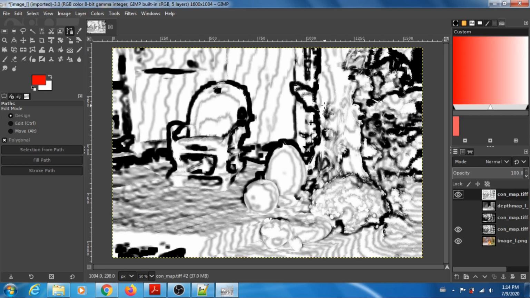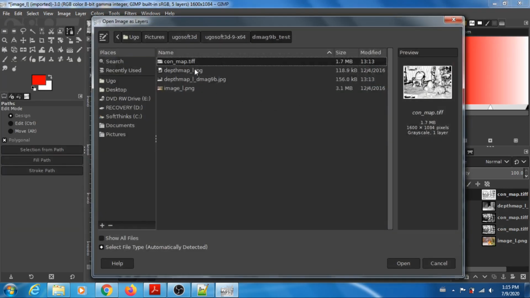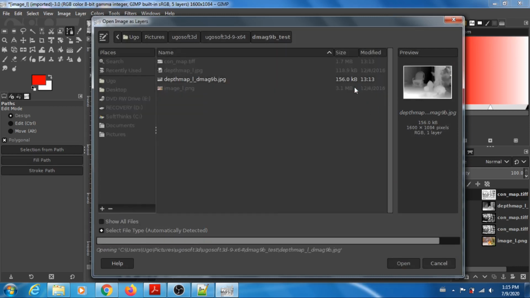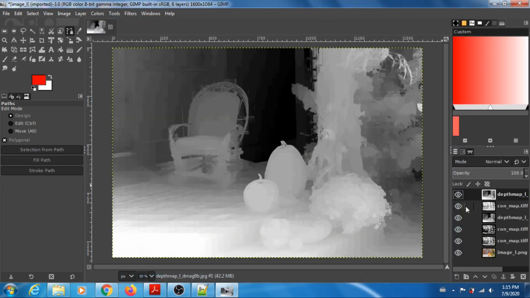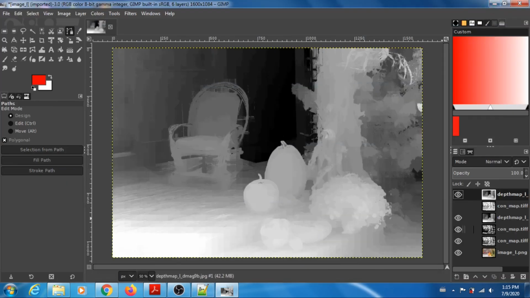So we want to compare. Let's load up now the depth map, this one. Let's see if it makes much difference between this one and that one. So this one is with 4 for the sigma, and this one is with 1 for sigma.